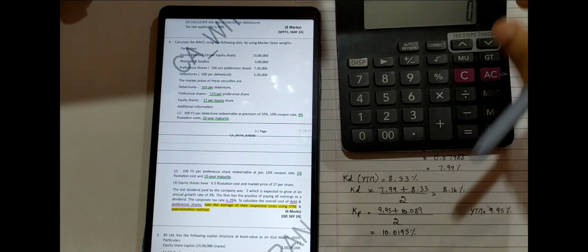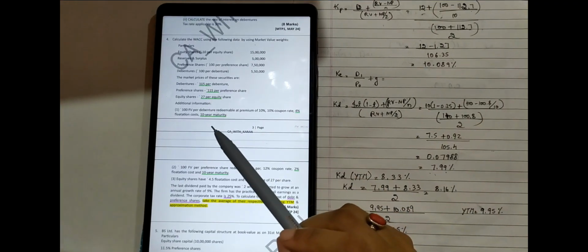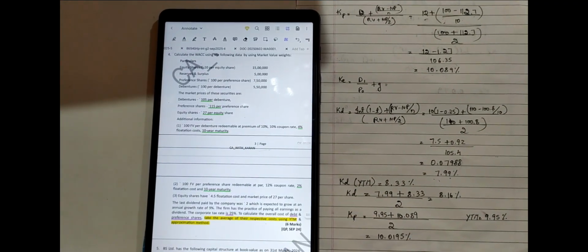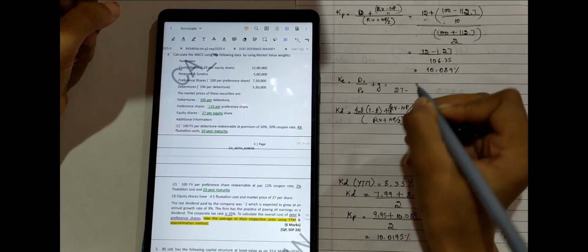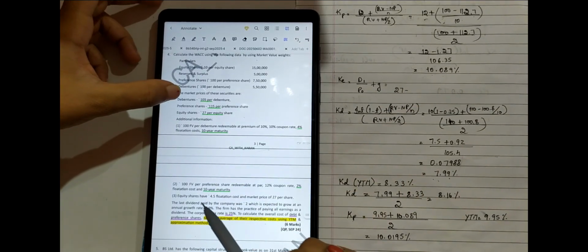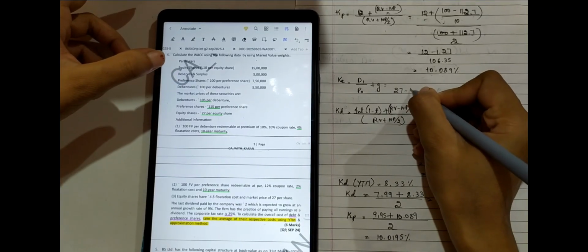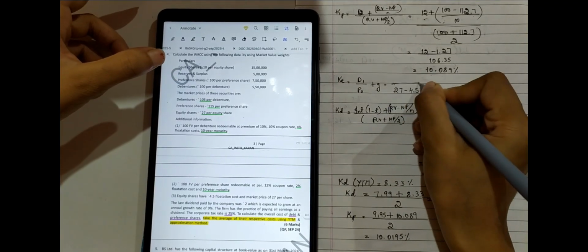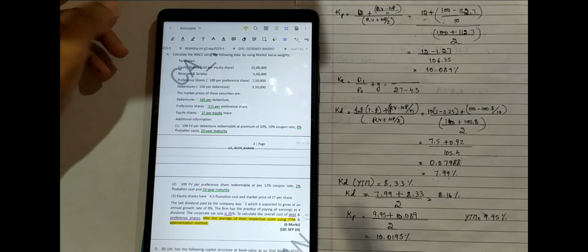Okay. And we are left with equity. Equity is 27 per share. So 27 minus, they have given that equity shares have 4.5 flotation cost. So minus 4.5 upon dividend. They have given that last dividend paid by the company is 2.